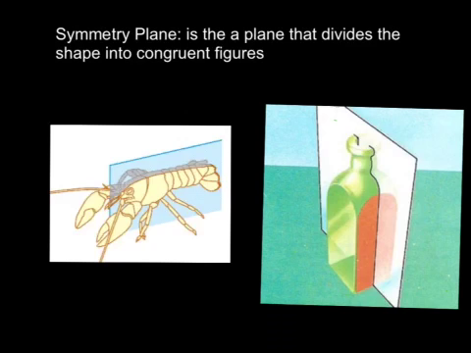Now if we look at our milk bottle, we have the symmetry plane right here that shows this half is the same as the other half. There is more than one symmetry plane for the milk bottle. If you wanted to, you could also draw it this way, going through the milk bottle, so this would be cutting across the top here.